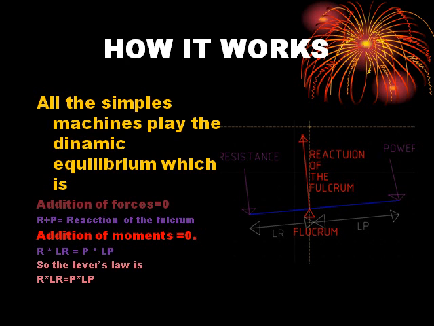Finally, we always say that the lever's law is a consequence of the addition of movements, and you can see in this presentation that when we multiply the resistance by the distance of the resistance to the fulcrum, which is called the resistance arm, this multiplication has to be the same as the multiplication between the power and the distance of the power to the fulcrum. This is the lever law.